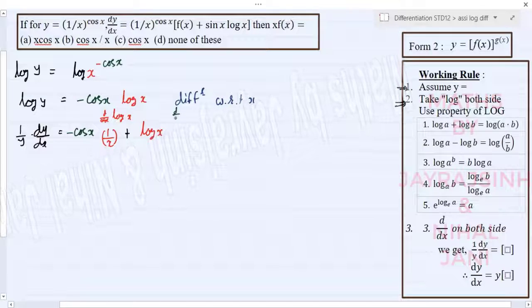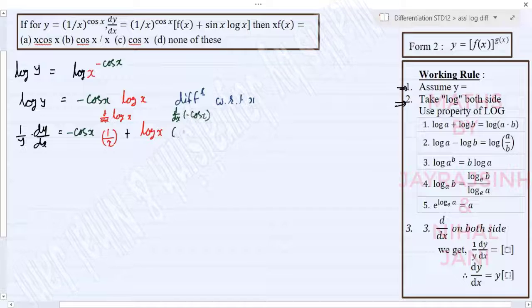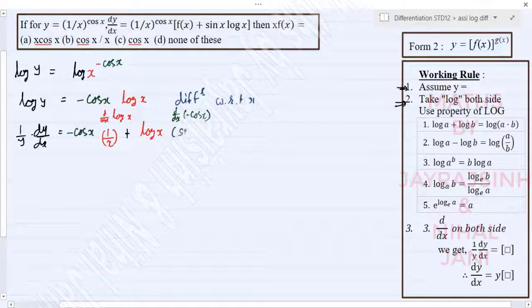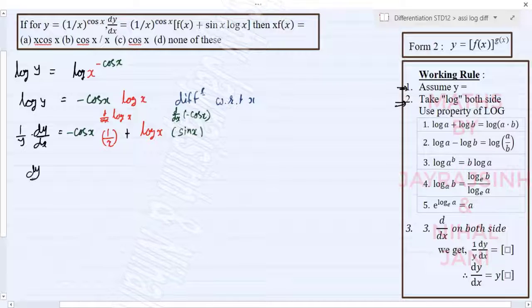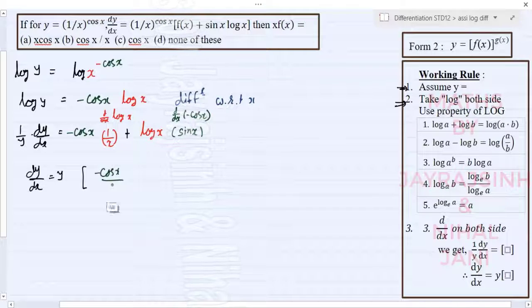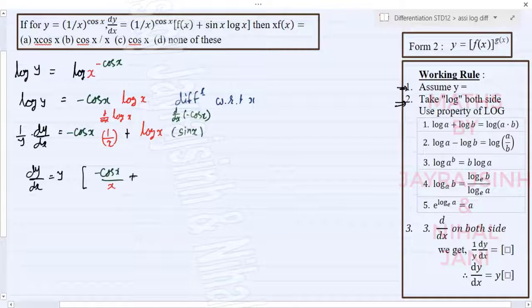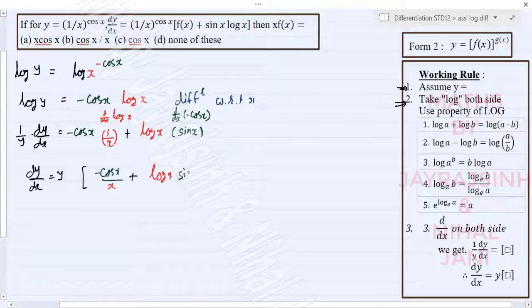We have to differentiate minus cos x, which will be minus minus become plus sin x. So finally, we will get our dy by dx, which is equal to y times minus cos x upon x plus log x into sin x.